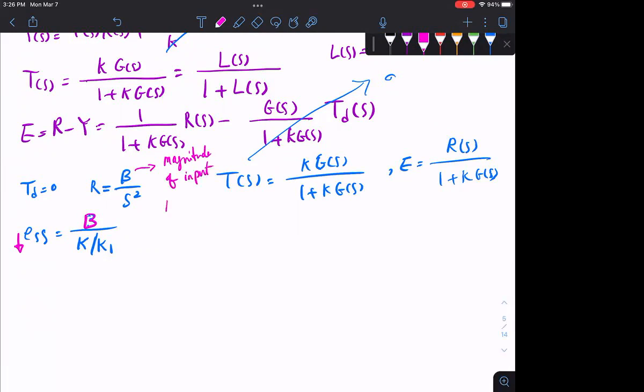It could be 1, right? That doesn't matter. B is given. You have it. You can say 1 from the beginning. Whatever. The thing you don't have is both of these, K and K1. We don't have them, but in order to minimize the steady state error, what should happen? Let's write this.